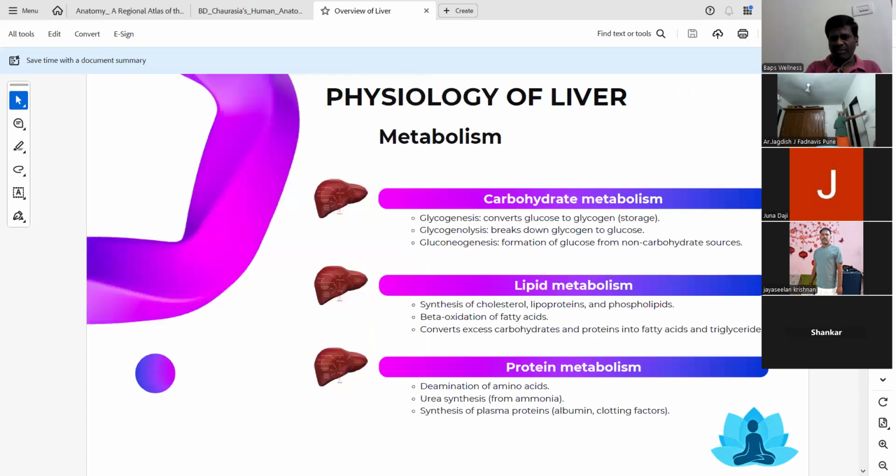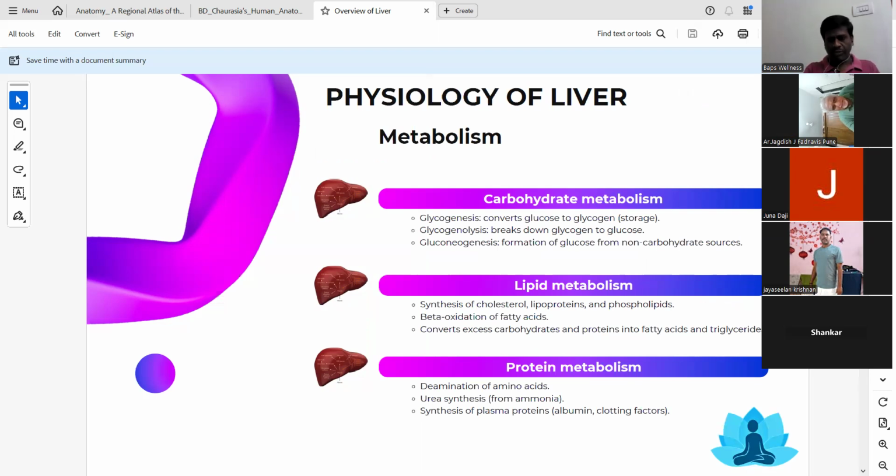That is in brief, very brief, about the anatomy of the liver. Then physiology. As we have already seen, it is involved in more than 500 different types of activities.